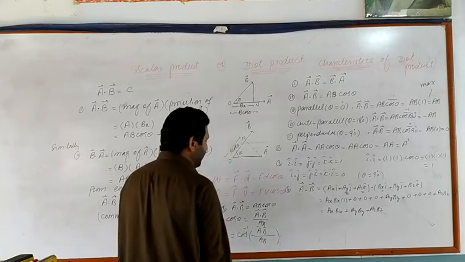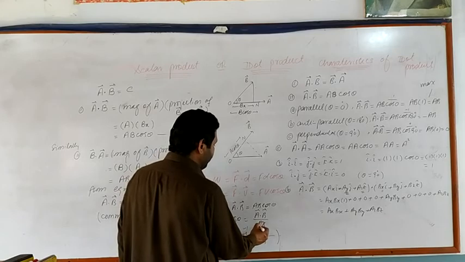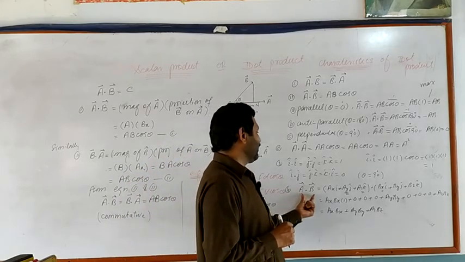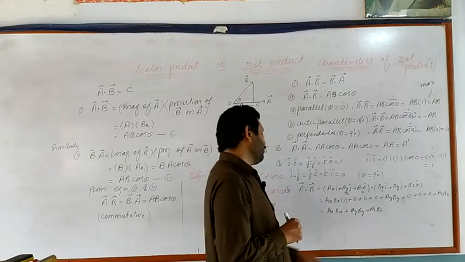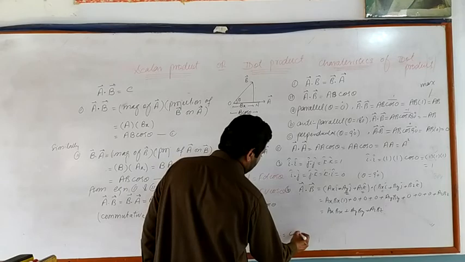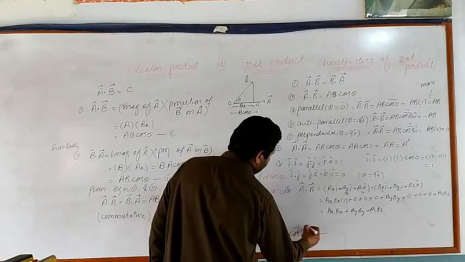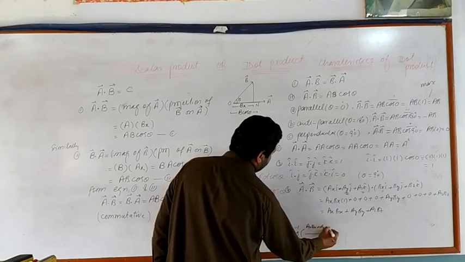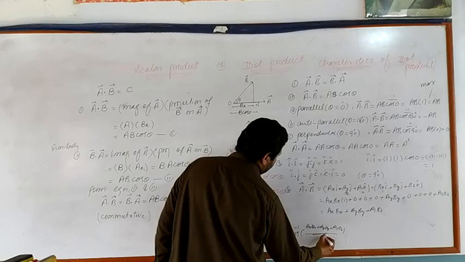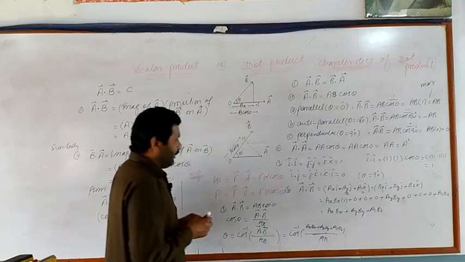Here A and B are the magnitudes of vector A and vector B. As we have proved, vector A dot vector B in rectangular components form is equal to this value, so this equation can be written as cos inverse of AX BX plus AY BY plus AZ BZ over AB.